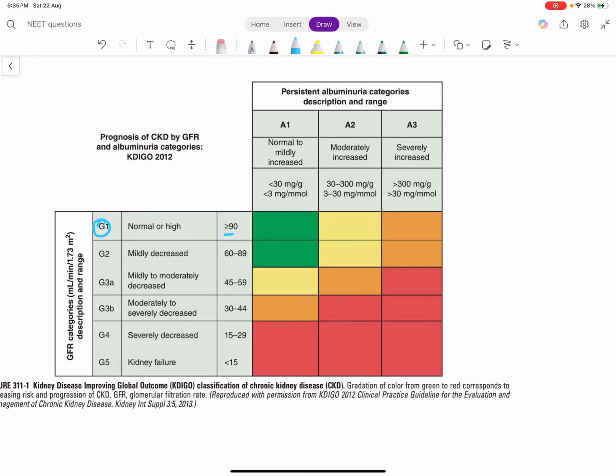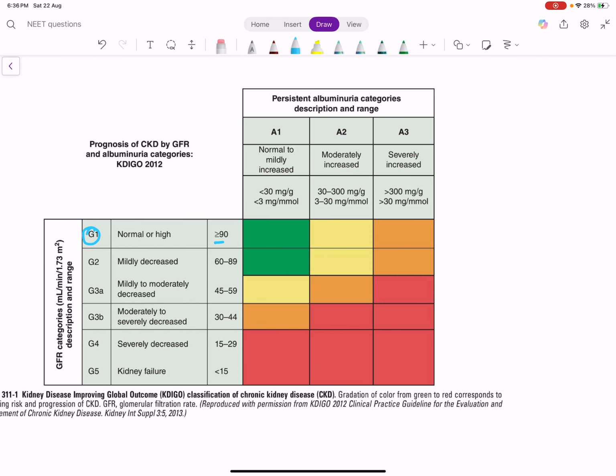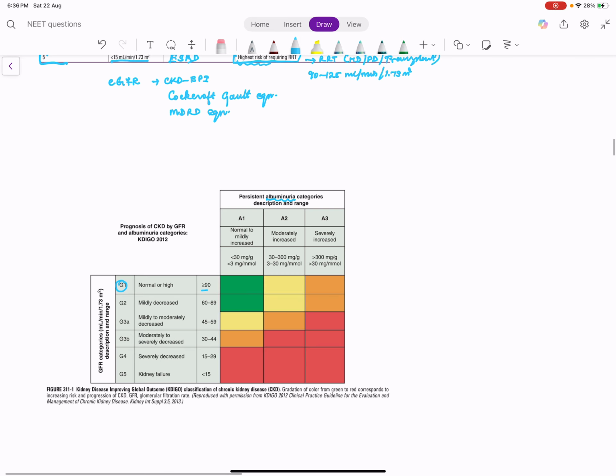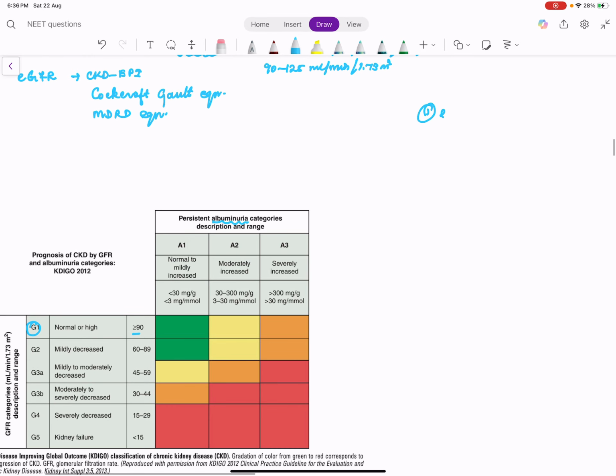So even though they are in ESRD, based on the etiology, the prognosis varies. So the same stage G3A, but in a different cause, the prognosis varies. So what else determines the prognosis is albuminuria. So in CKD, two things only we have to see. One is the estimated GFR. The other one is whether there is albuminuria or not.